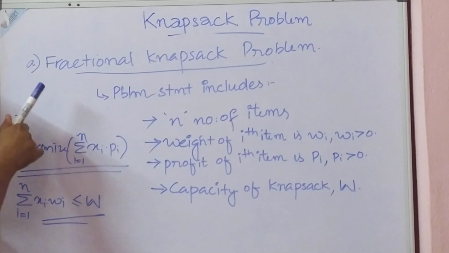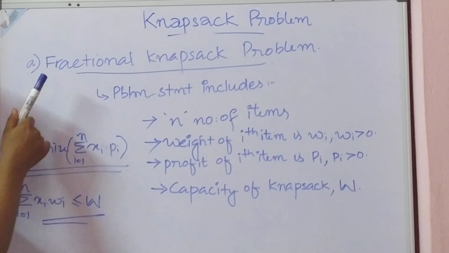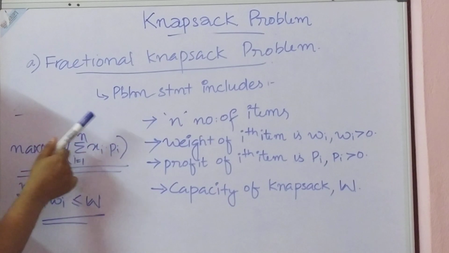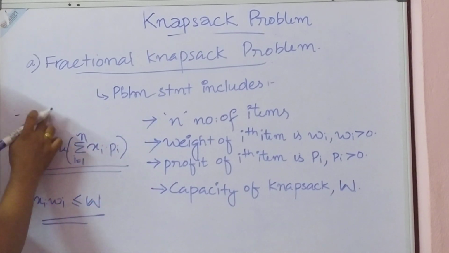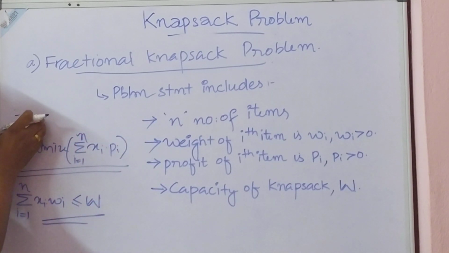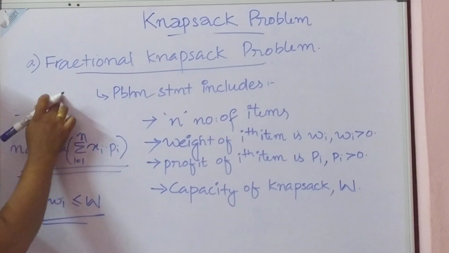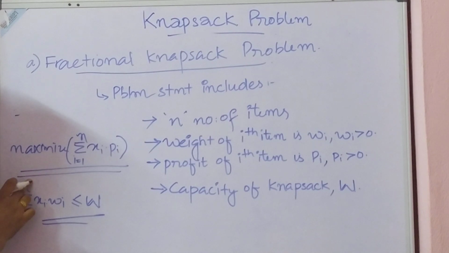Once more, the fractional knapsack problem states that we can divide the items into a number of fractions, and those fractions can be used to fill the bag to maximize the profit.